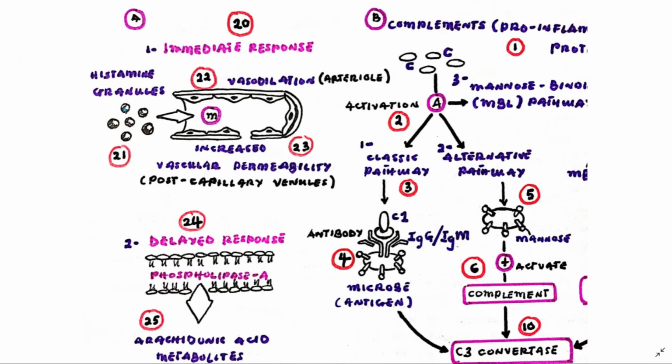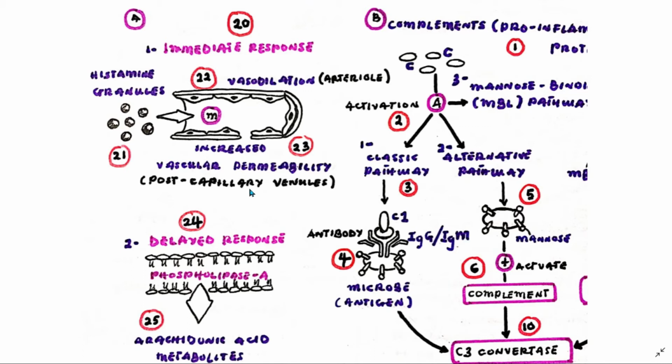Now immediately the mast cells get activated, there is an immediate response. The immediate response involves the release of preformed histamine granules, which causes dilation of the arteriolar smooth muscle and leads to vasodilation, as well as an increased vascular permeability at the postcapillary venule.